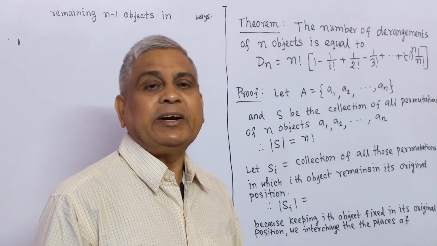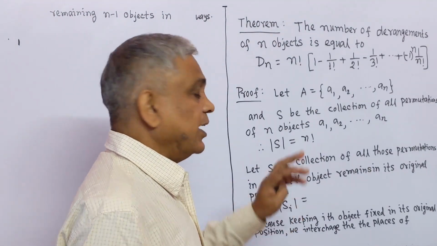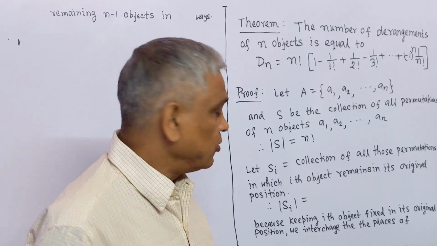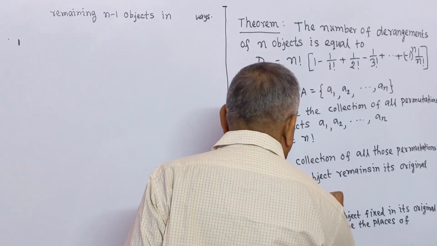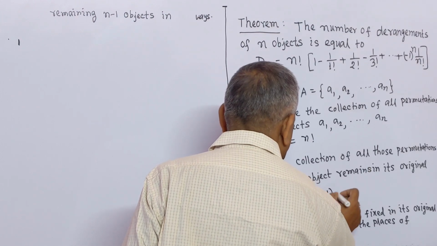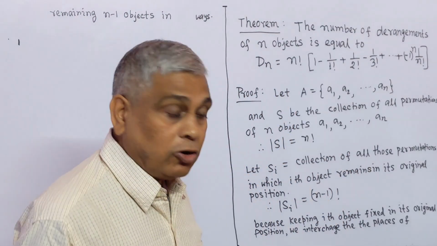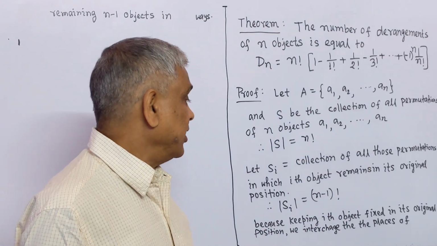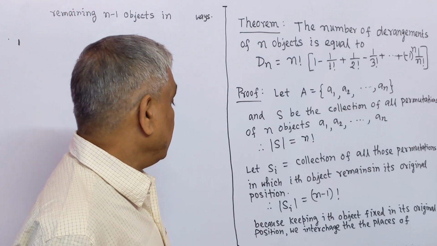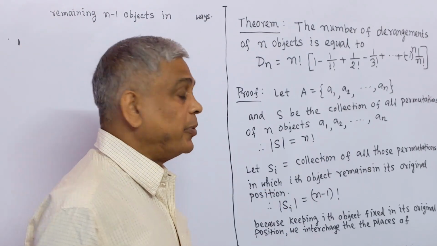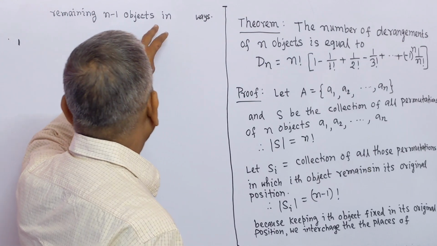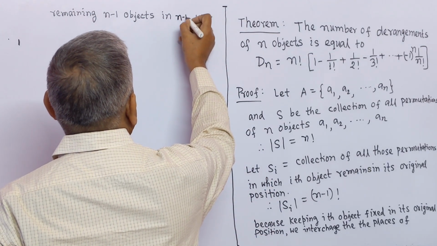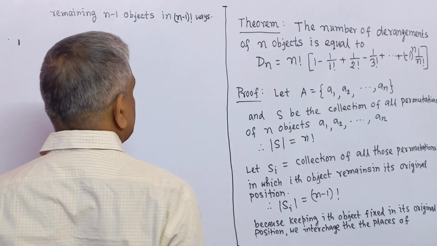Therefore, the number of elements in Si will be (n-1)!, because keeping the ith object fixed, we interchange the places of the remaining n minus 1 objects in (n-1)! ways.